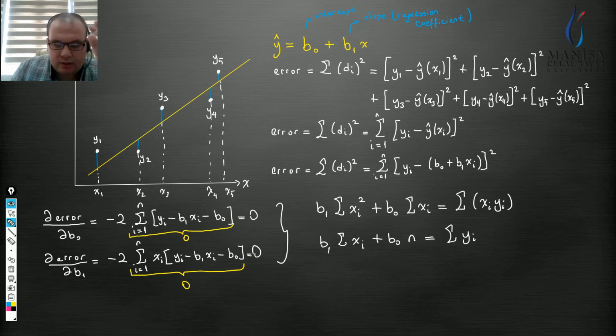And also we can express this equation system by using matrices. How can we do this? We can write a matrix like this, and I'm going to use this color now.